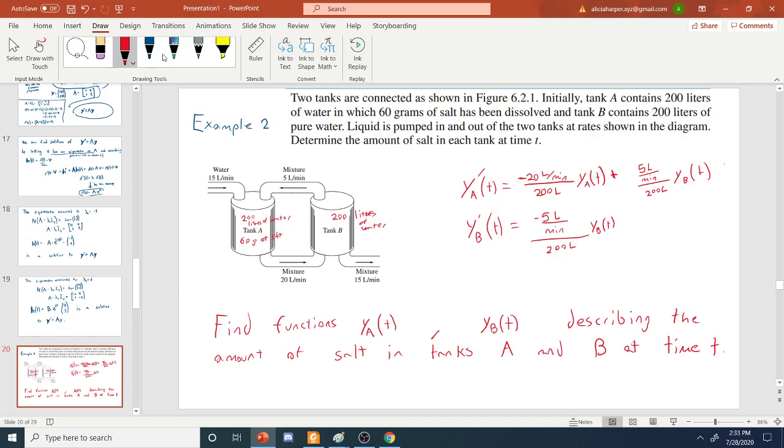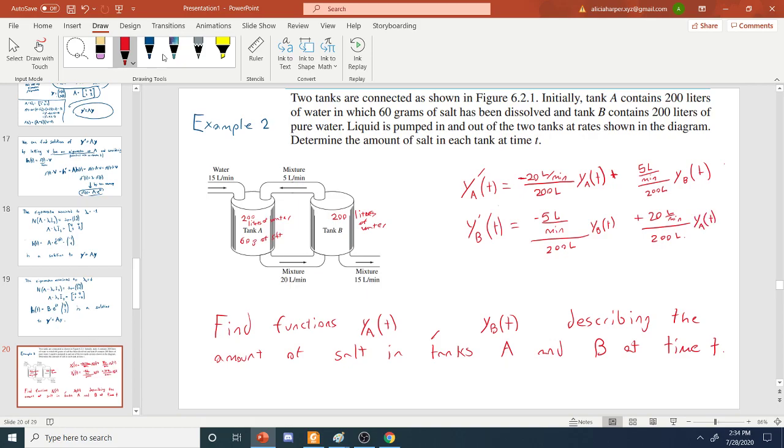And then we also have the incoming ones from tank A. So this is plus 20 liters per minute divided by 200 liters times YA of t.